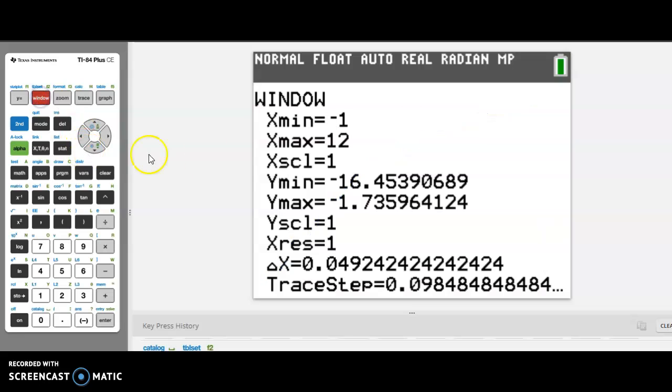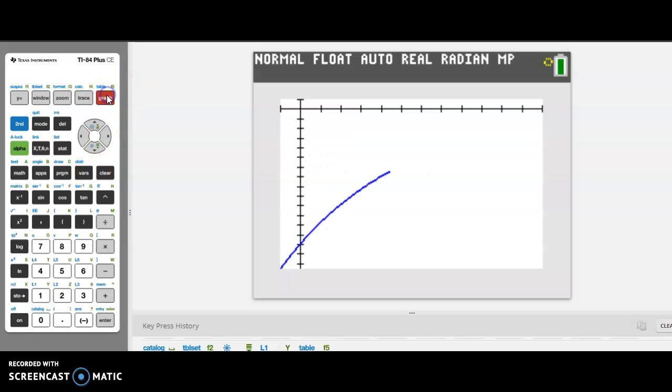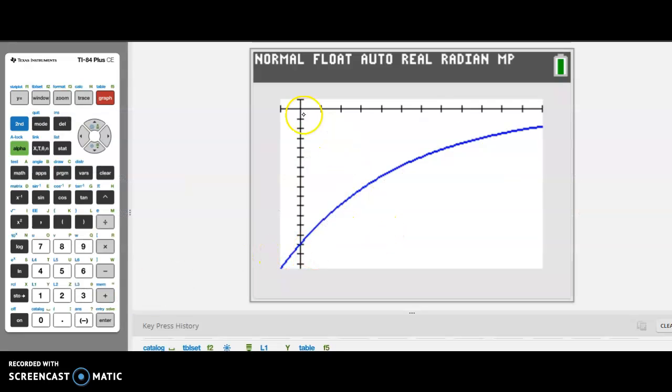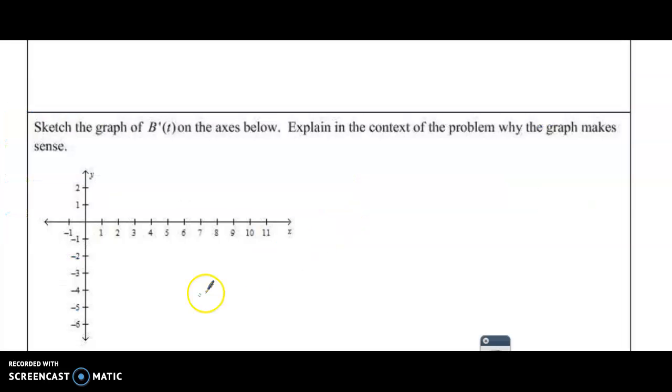Maybe I'll change my window to go up so I can see the x-axis. Maybe make it up to 1. There we go. That might make a little bit more sense. Where's negative 6? 1, 2, 3, 4, 5. Holy cow. I don't really like how this graph is drawn, but it looks something like this.